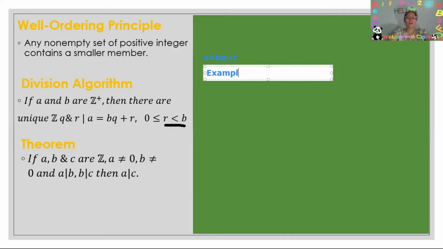Example 1. 5 divides 19. So here's our first example.